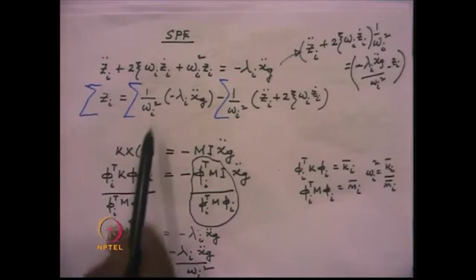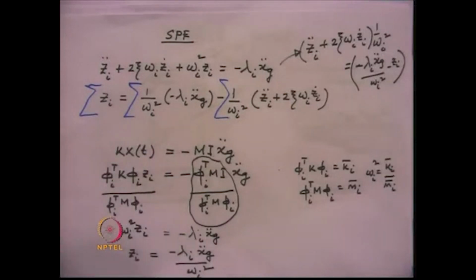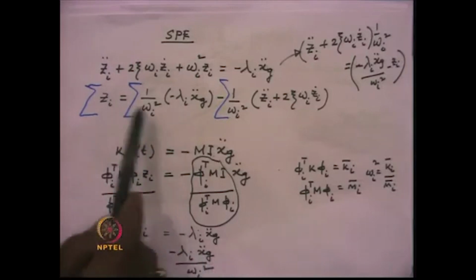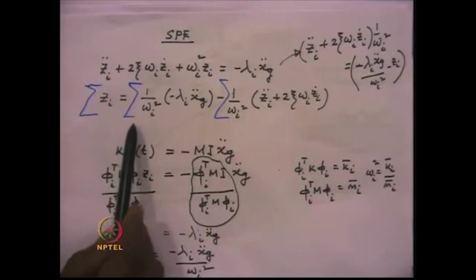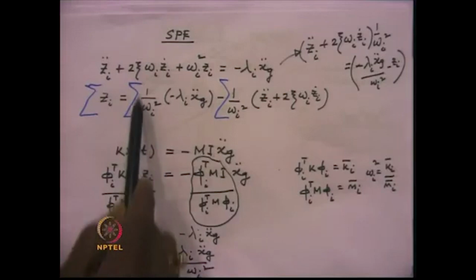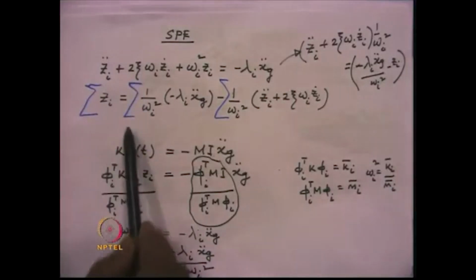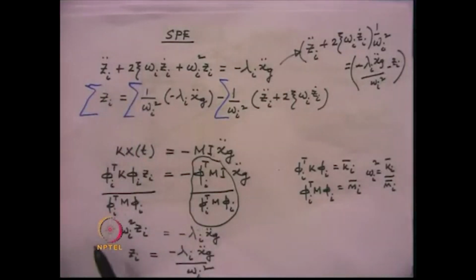Now, if we look into this equation, it is nothing but a summation of this quantity, that is, the generalized displacement's contribution to the quasi-static response in the ith mode, summed over all the modes, or m number of modes, as I said before.